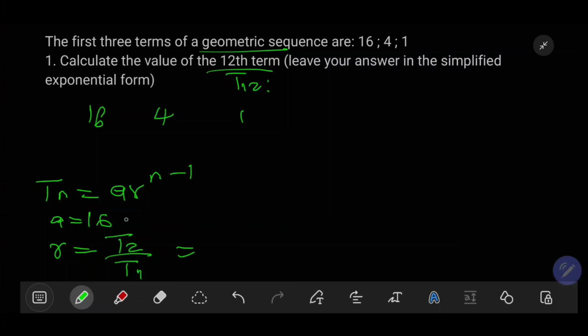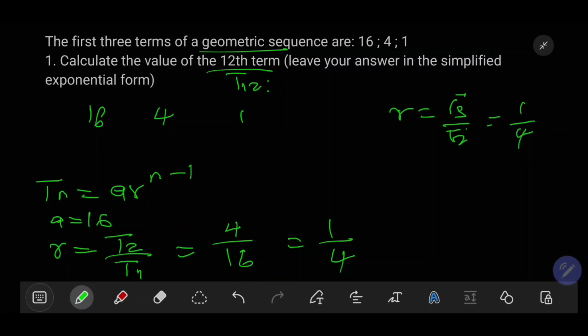T2 is 4, and we divide this by term number 1, which is 16. So our r value is 1 over 4. For confirmation, you can say r = T3 divided by T2, and this is 1 over 4. So this is our common ratio.